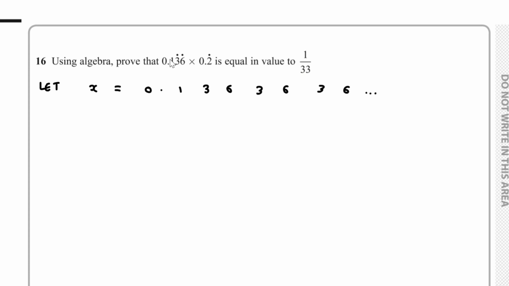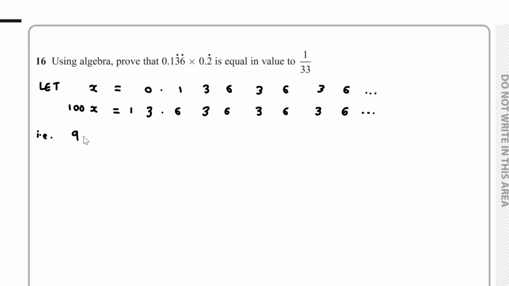So we've written out the 0.136 recurring, and we've associated that with a letter x here. And because two digits are repeating, we can multiply x by 100. So we have 100x equals, well, if I multiply this value by 100, we get 13.63636, etc. So now we will subtract these.